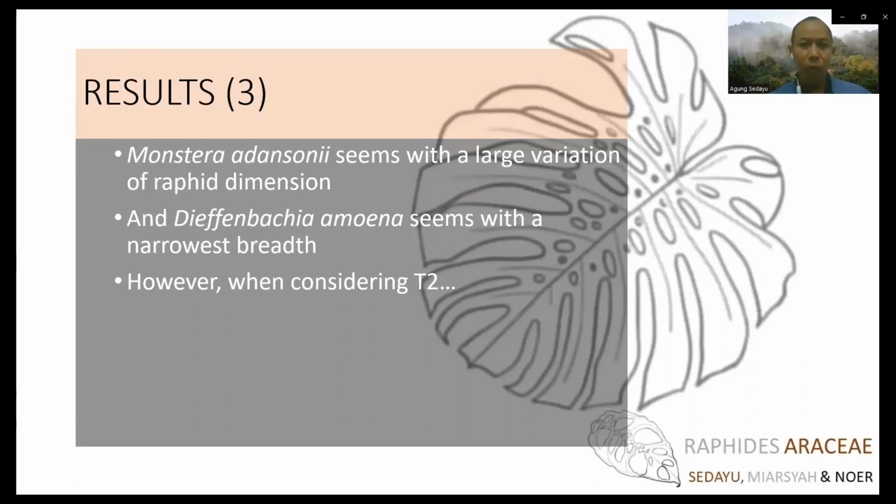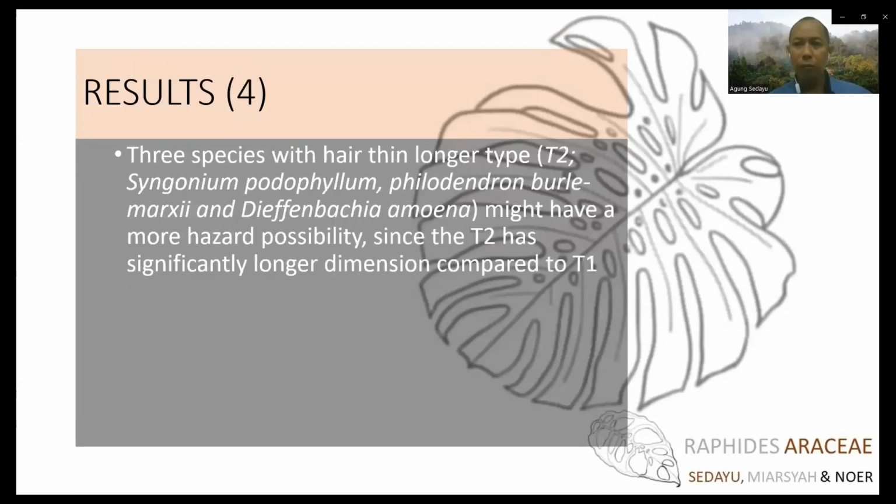However, if we see the other type of raphids, the 3 species, Syngonium podophyllum, Philodendron burlemarxii, and Dieffenbachia amuna, have another type of raphids, the T2.